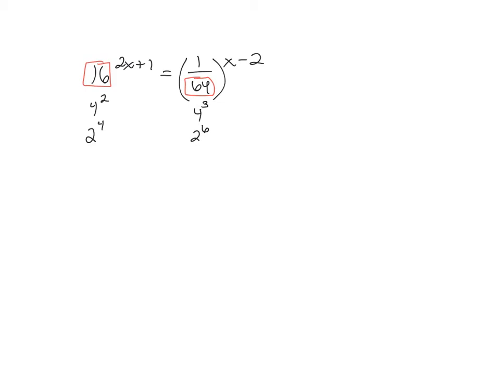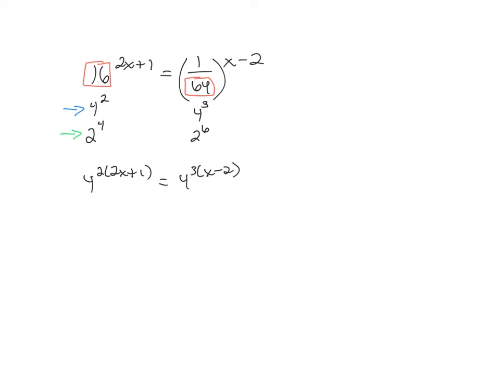So either group, you could use the 2 or the 4, and you're going to get the same answer. So it doesn't matter. I'm going to use the 4s. So I have 4 to the second power, but then I still have that 2x plus 1. And I have 4 to the third power, but I still have that 3x minus 2.